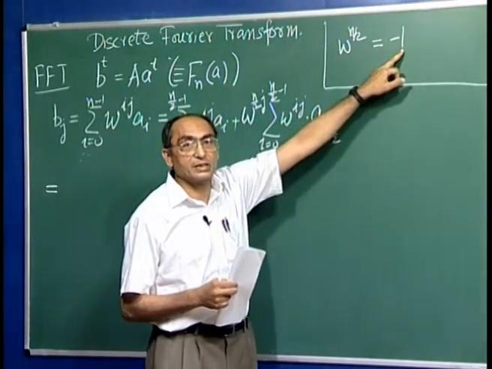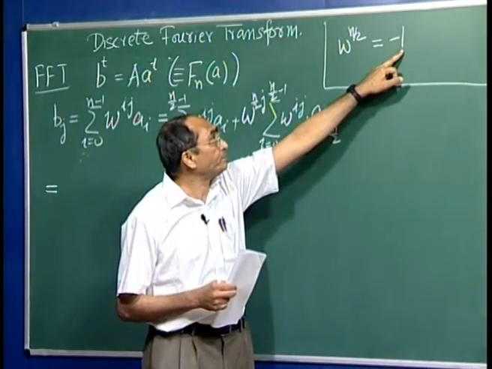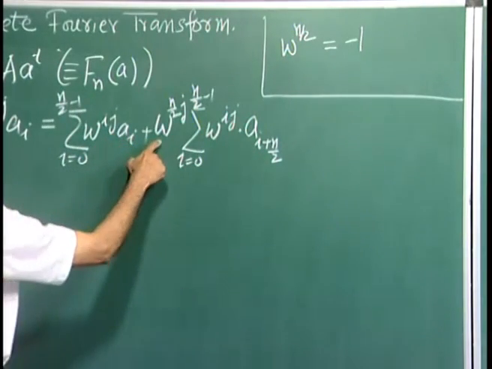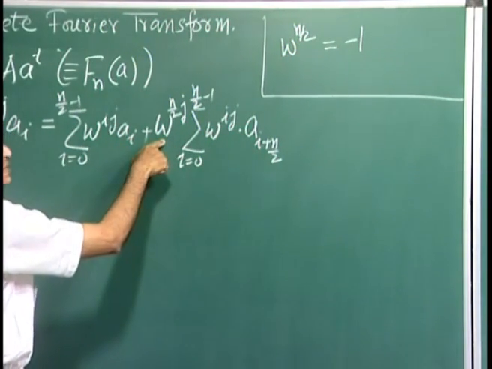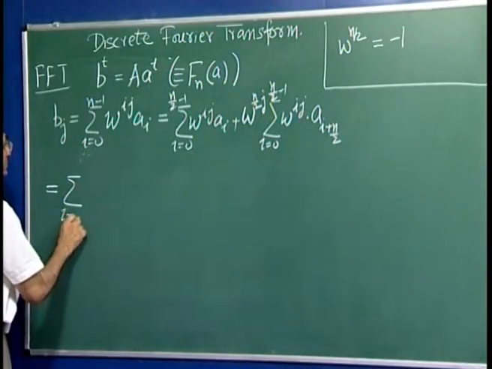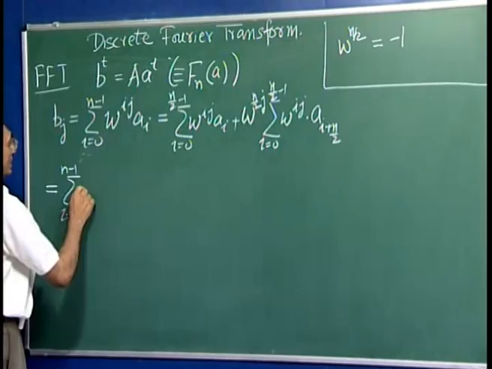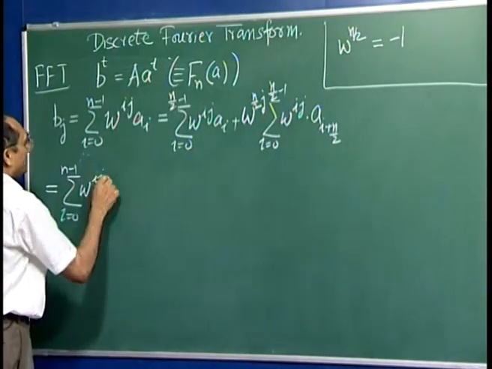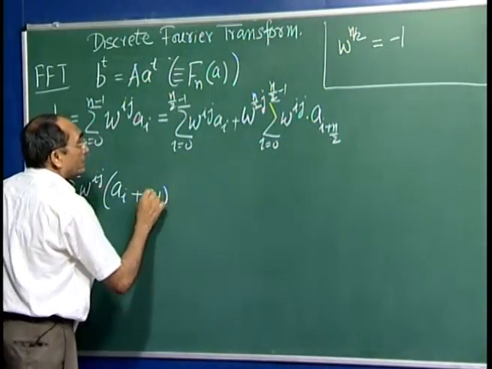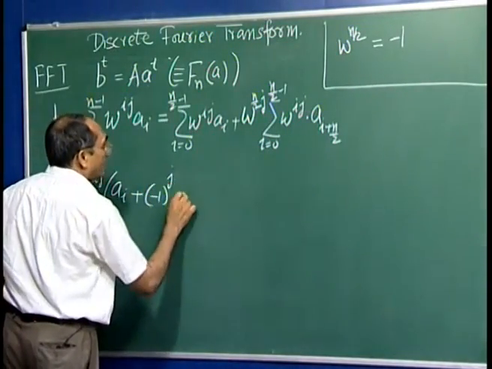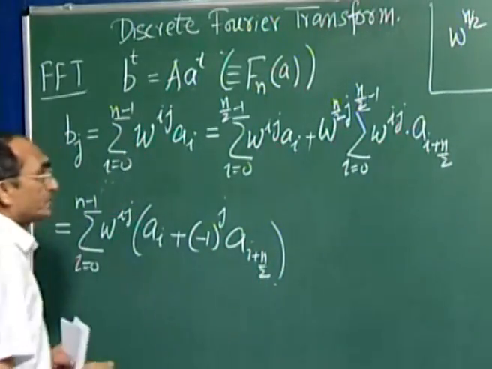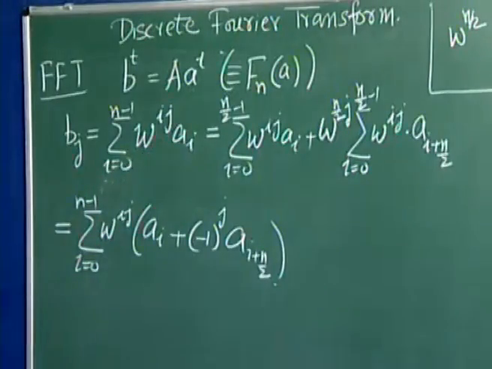So the only quantity that it can be is minus 1. Hence, this quantity is nothing but (minus 1)^j. So we get the sum of w^(ij) a_i plus (minus 1)^j a_(i plus n by 2). This expression simplifies to this.